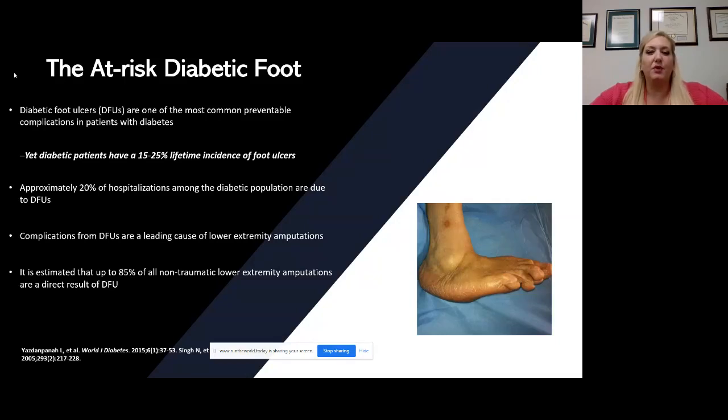Unfortunately, they become hospitalized and have to undergo surgery or long-term antibiotics. And the worst case scenario is if they develop a severe enough infection or lack of blood flow to the area that necessitates an amputation. It's estimated that 85% of all non-traumatic amputations of the lower extremity are because of diabetic foot ulcers gone bad.